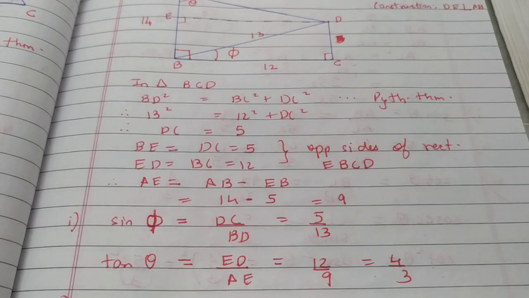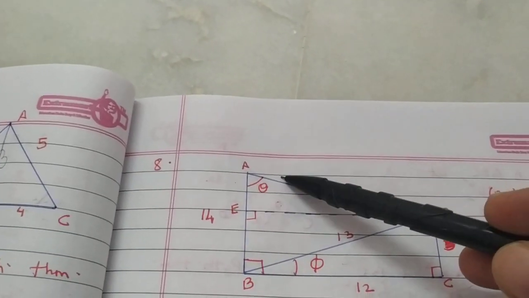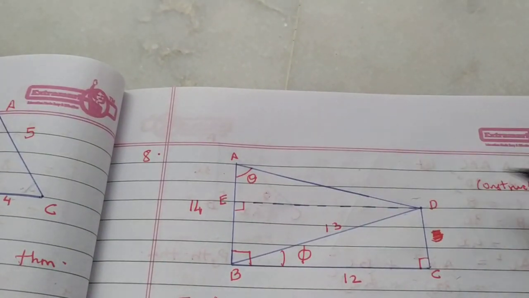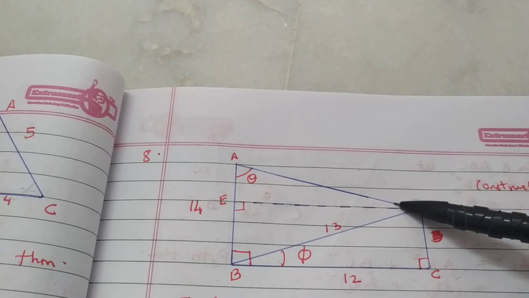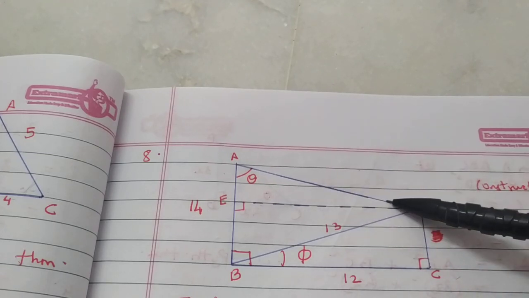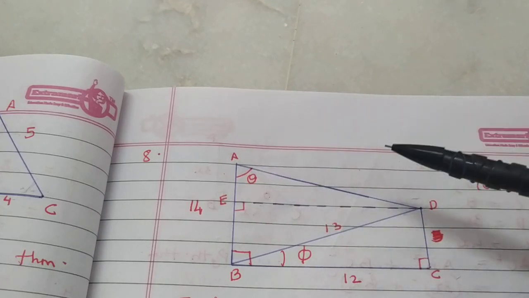Next, they want an expression for AD in terms of theta. So first of all, give me a ratio where AD is involved. A trigonometrical ratio. AD is a hypotenuse. So we can go for sine, we can go for cos, we can go for sec and for cosec, because all of them will have AD in the ratio. But let's choose something where AD is in the numerator.